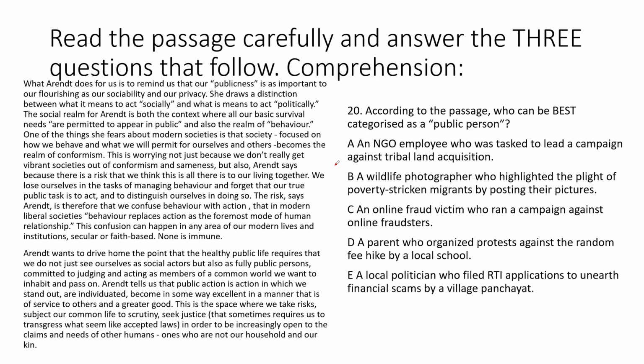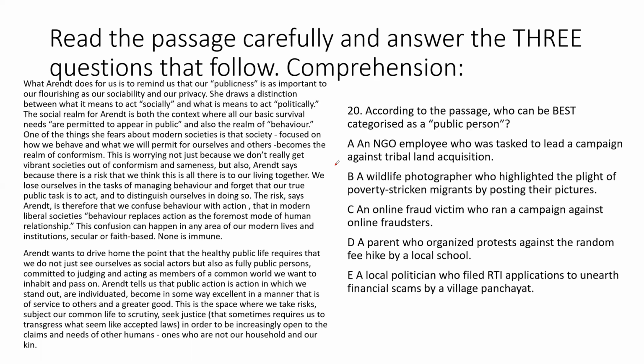We lose ourselves in the task of managing behavior and forget that our true public task is to act and to distinguish ourselves in doing so. The risk, says Arendt, is that we confuse behavior with action, that in modern liberal societies, behavior replaces action as the foremost mode of human relationship. This confusion can happen in any area of our modern lives and institutions, secular or faith based, none is immune.